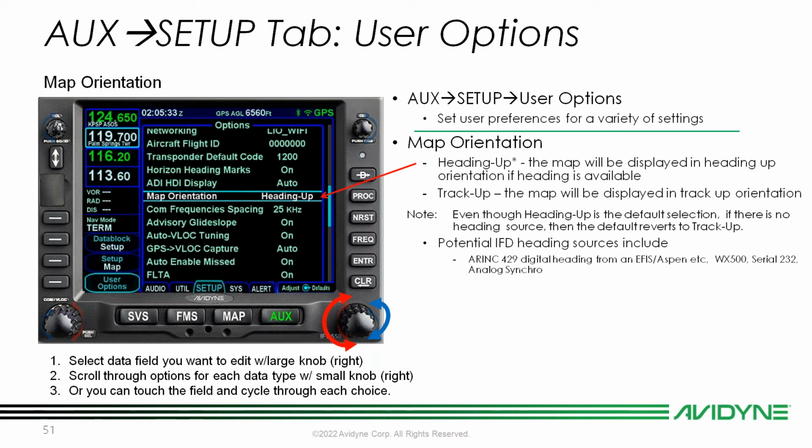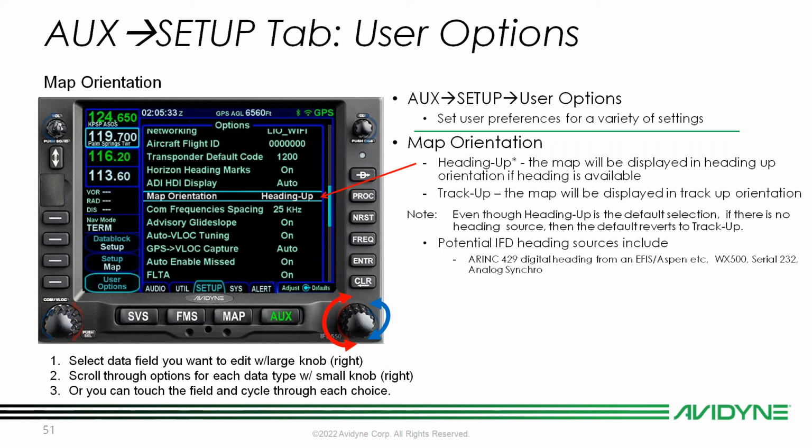Map orientation. So here's one that we get a lot of questions about. How do I set this? What does this mean? There are 2 settings here for map orientation. We can either set it for heading up or we can set it for track up. The key difference here is whether or not we have a heading source coming into the IFD, whether that be a magnetometer or any of those. What does this mean for me when I'm in the map page?